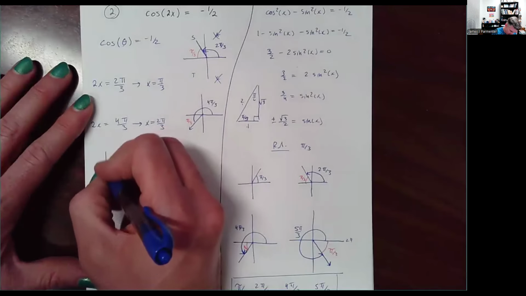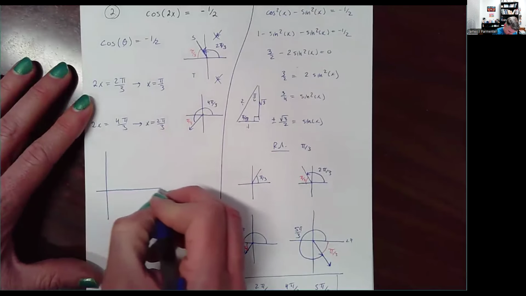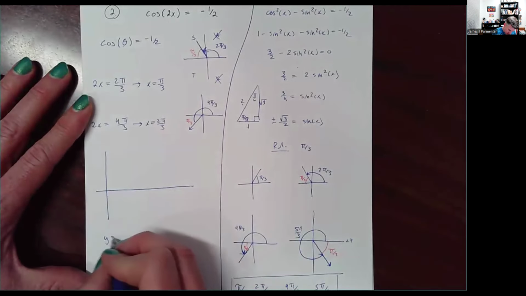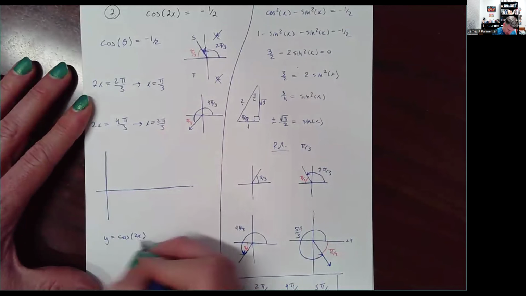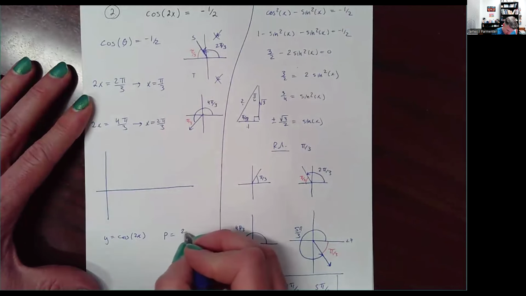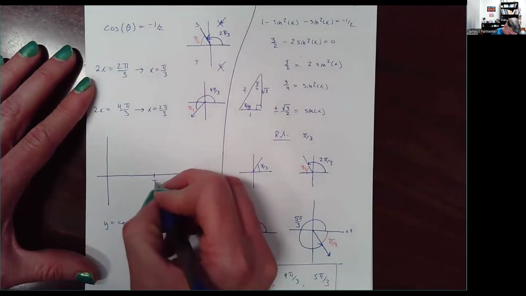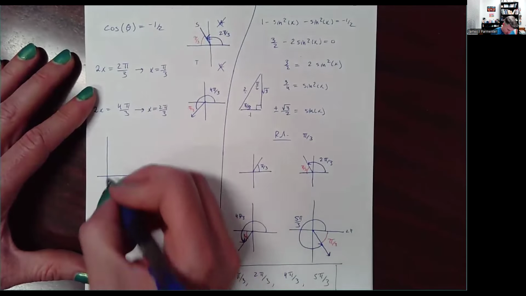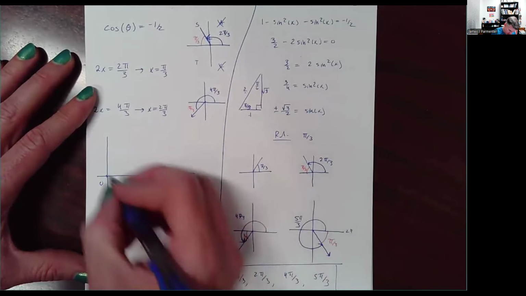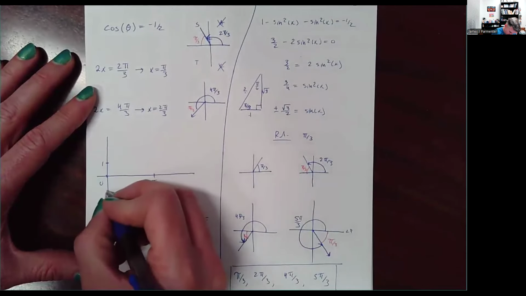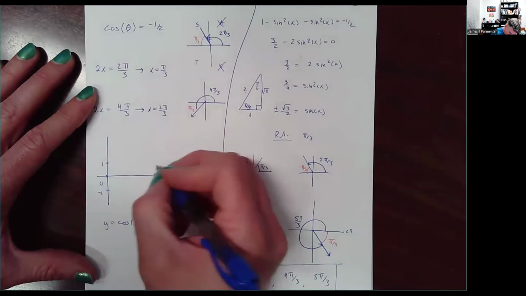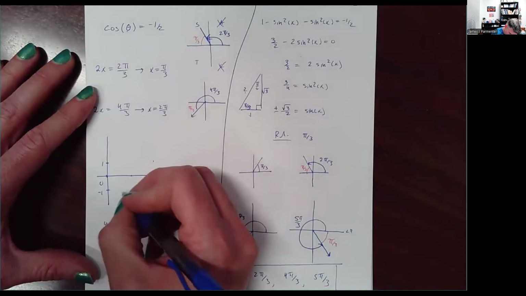If I was to graph cosine of 2x, well, for the graph of cosine of 2x, the period is 2 pi divided by 2, which is just pi. So what happens here is from 0 to pi, you get 1 full period. Cosine starts up here at 1, and it has the usual shape.